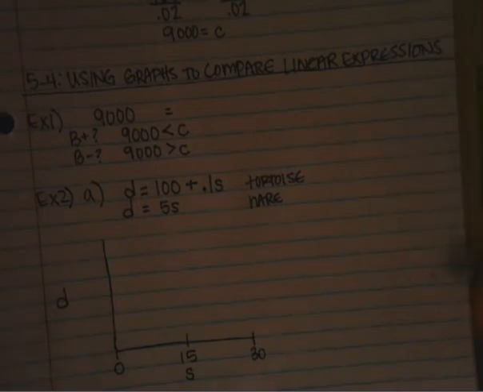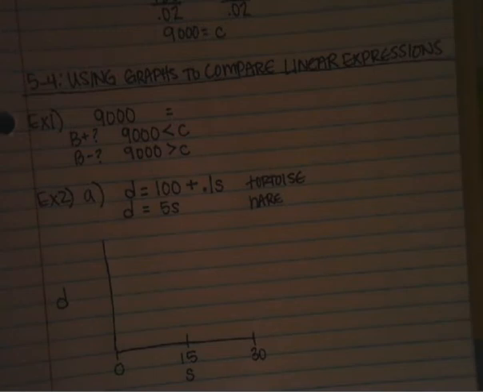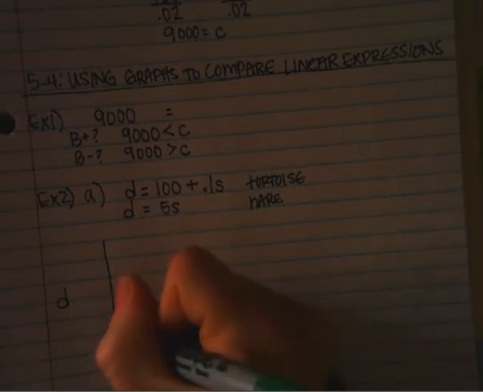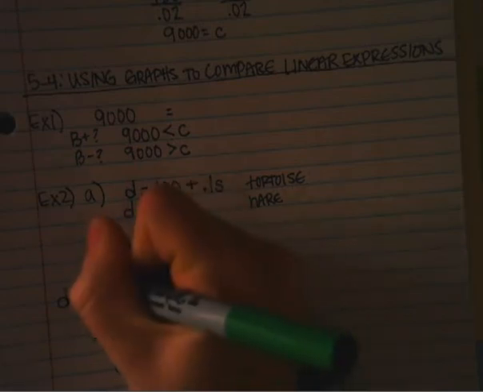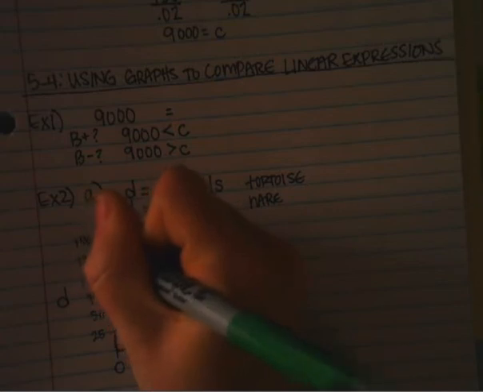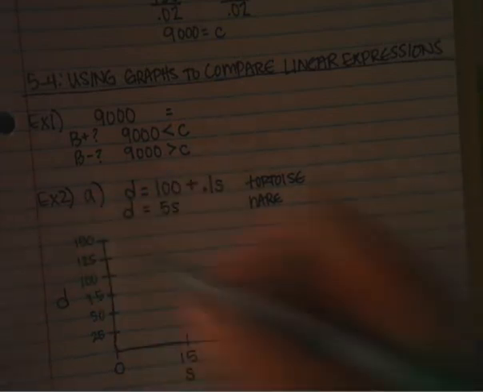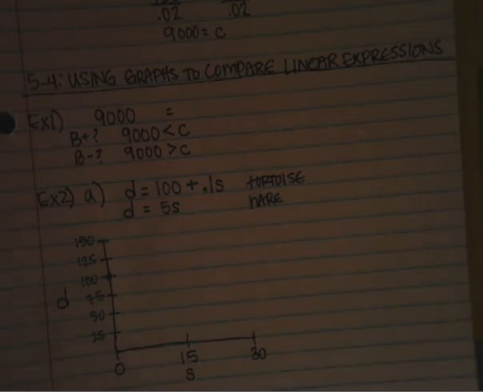Let's do 0, 15, and 30. So at 0, where is the tortoise going to be? The tortoise will be at 100. Okay, so let's do 25, 50, 75, 100, 125, 150. So at 0, the tortoise is 100, because you got that head start.